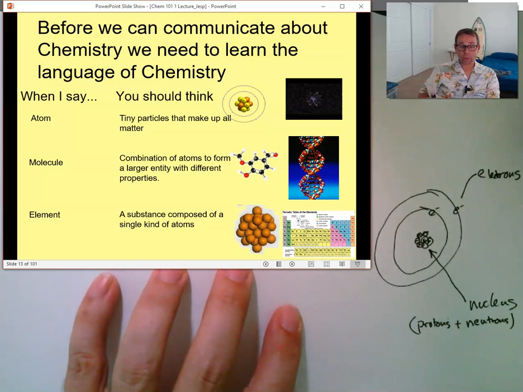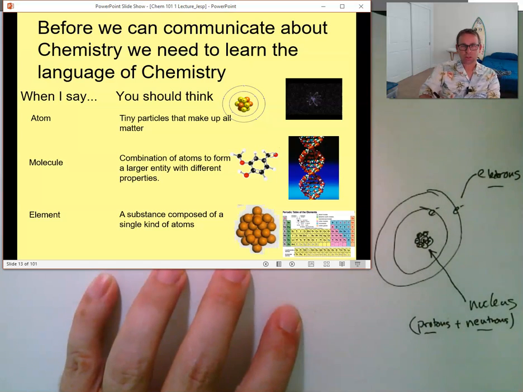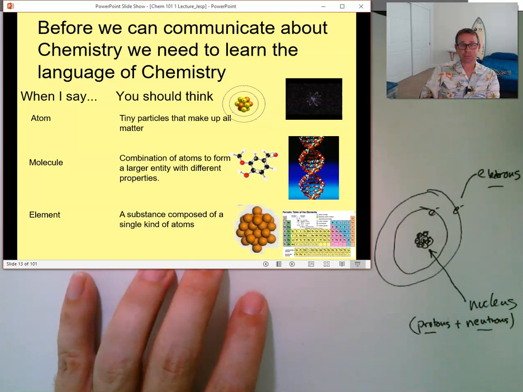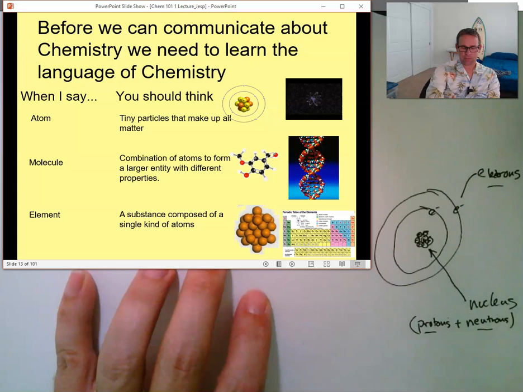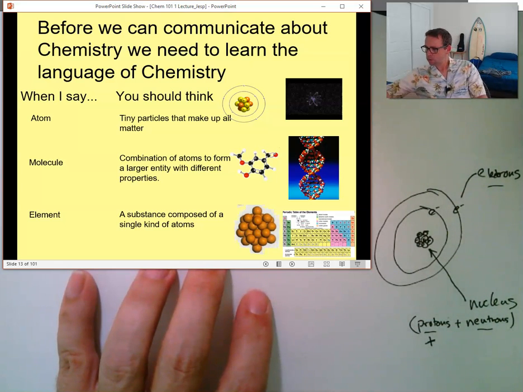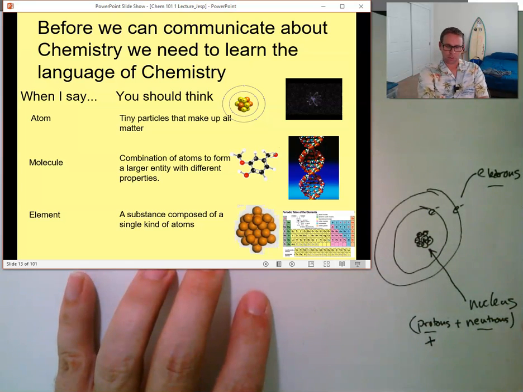Do you know which of these three, protons, neutrons, or electrons, do you know which ones have positive charges? The protons have the positive charge. That's right. The negative charge, do you know which one has the negative charge? Electrons and neutrons?